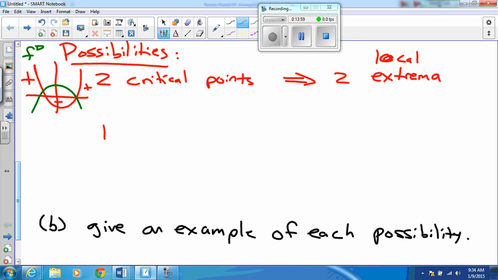Okay. The next possibility is that I could have 1 critical point. Everybody draw an example of a parabola with only 1 zero. How do you draw a parabola that has only 1 zero?